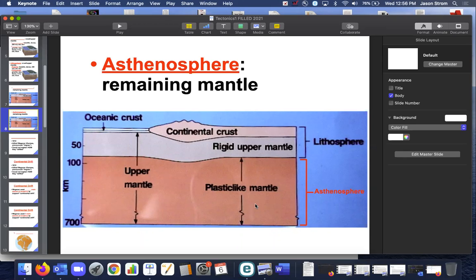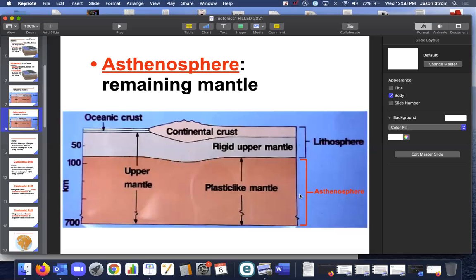It's moldable, it's shapeable. In the asthenosphere, that portion of the mantle, because of the internal heat of the Earth and being heated by the core, that rock is softened. So it's not rigid and solid like the lithosphere is, but it hasn't heated up to the point where it melts and becomes magma.